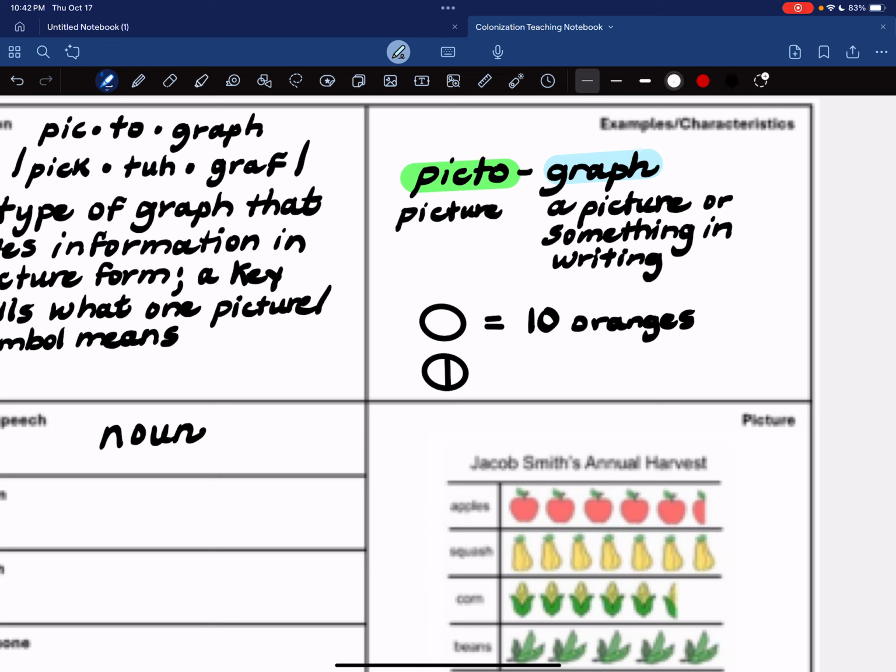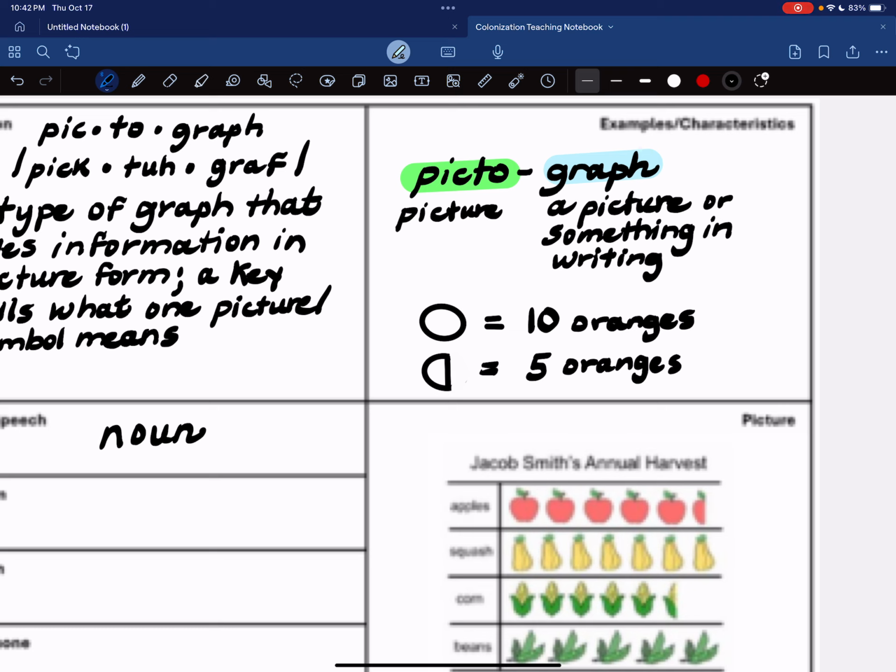Bear with me, just watch what I'm doing here. If that is 10, this is about half of 10. It's half of the symbol, it's half of the 10. So this would represent 5 oranges. And again, this would be part of the key.